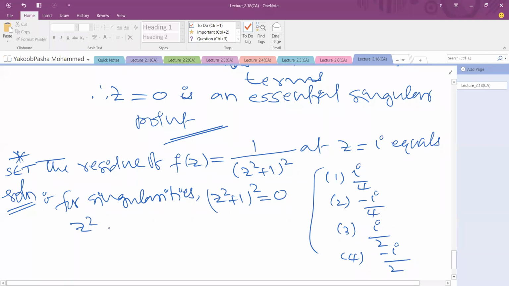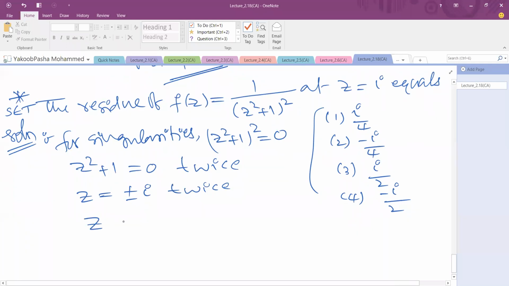That is z square plus 1 is equal to 0 twice. 2 times it is 0. Okay. So z square plus 1 equal to 0 means z is equal to plus or minus i twice. Plus or minus i twice means z is equal to plus or minus i, plus or minus i.